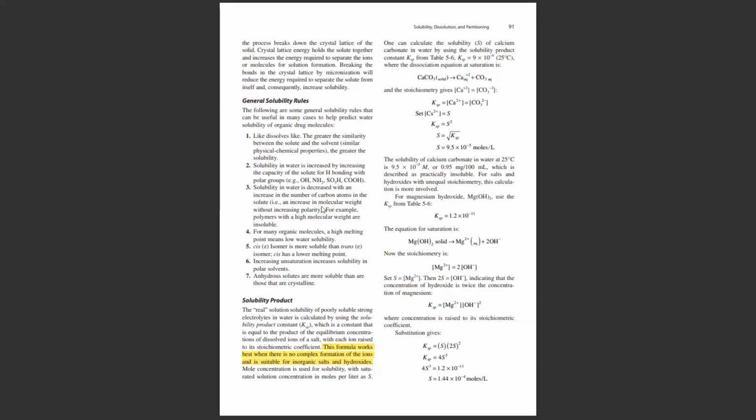Then the other one is compounds that have a large carbon chain. The longer the number of carbon atoms, the more insoluble the compound is. Also, molecules with a high melting point have lower water solubility. Another one is that the cis isomer is more soluble than the trans isomer, because the cis isomer usually has a lower melting point.